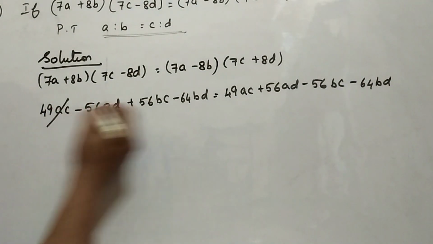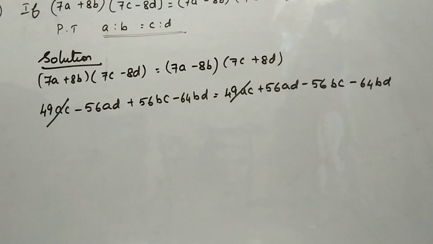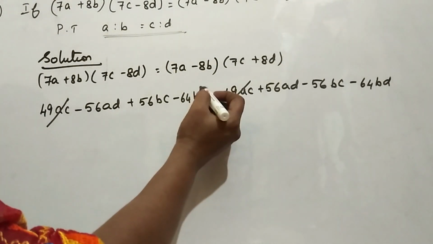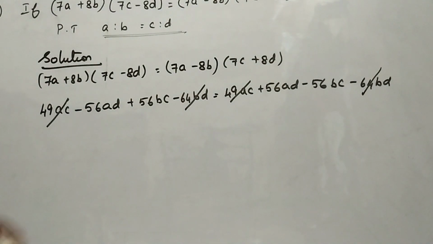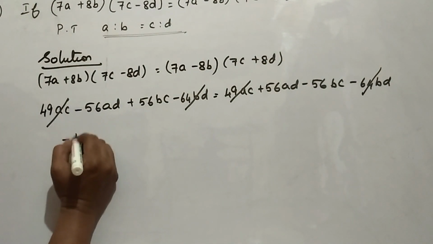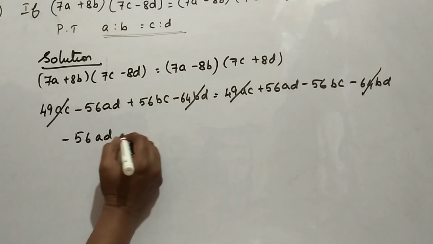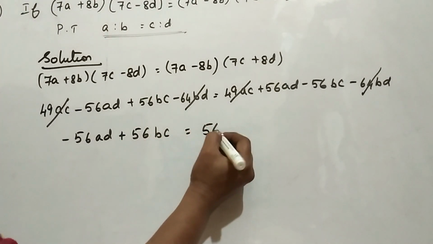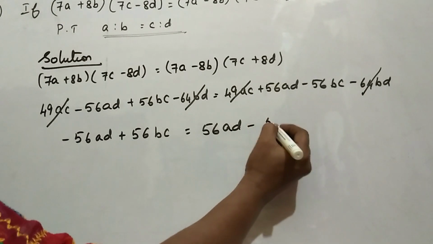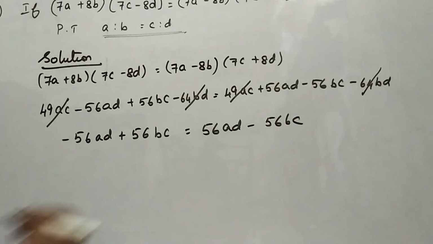Okay, so 49 AC cancel it, then minus 64 BD minus 64 BD cancel it, then minus 56 AD plus 56 BC is equal to 56 AD minus 56 BC.